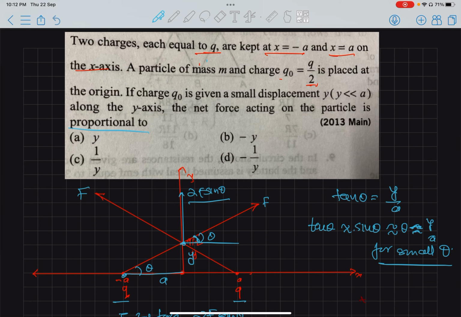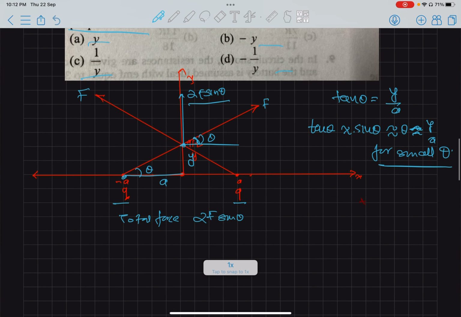We have to calculate whether the force is proportional to y, minus y, 1 upon y, or 1 upon minus y. For the solving purpose, I will keep all the constants and terms in this formulation. So the total force is 2F sin theta.